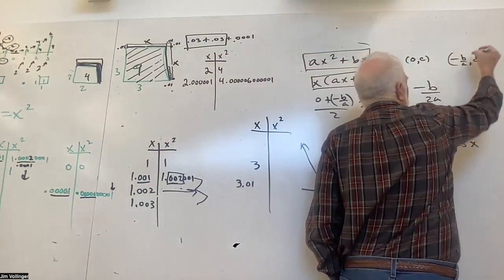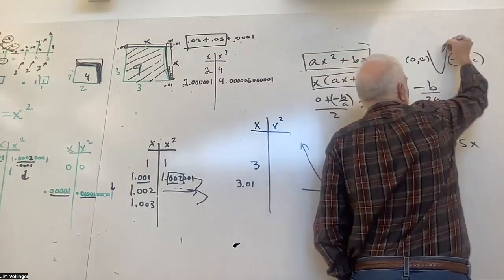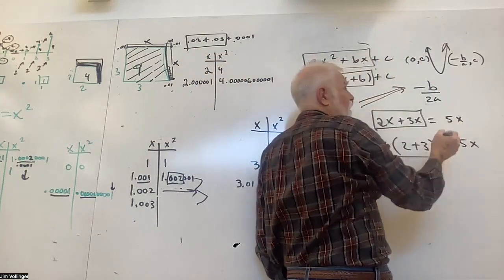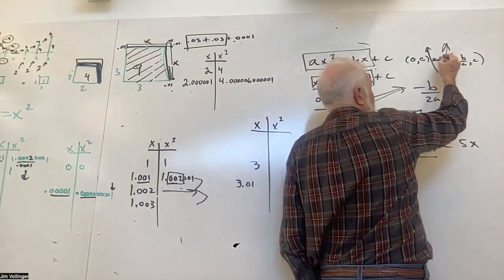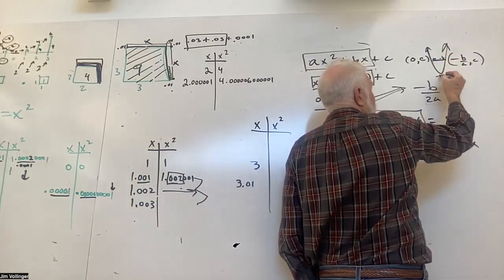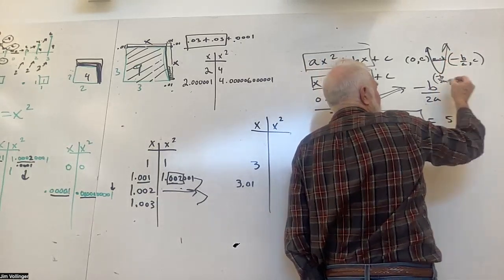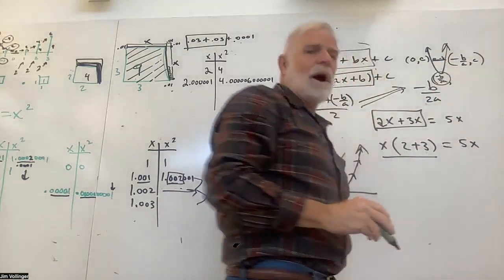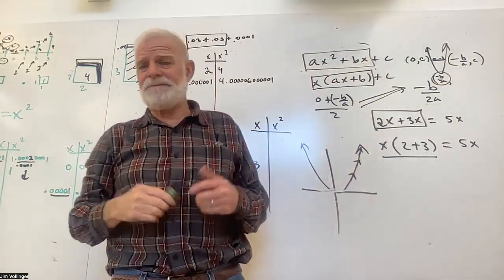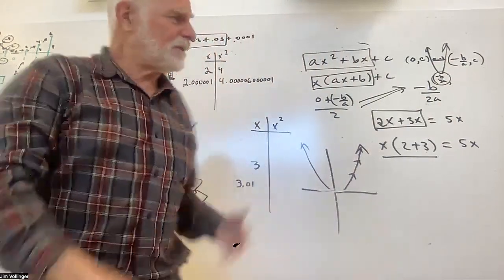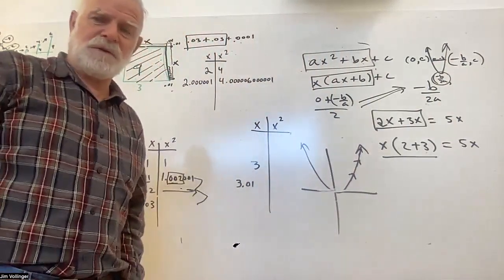If we know that we have a cup-shaped graph, then where's the most important number? The one in between 0 and minus b over a, which is minus b over 2a. There are lots of reasons why that's important. That's just one of them, a mechanical reason. We've got geometric reasons we're going to talk about too.